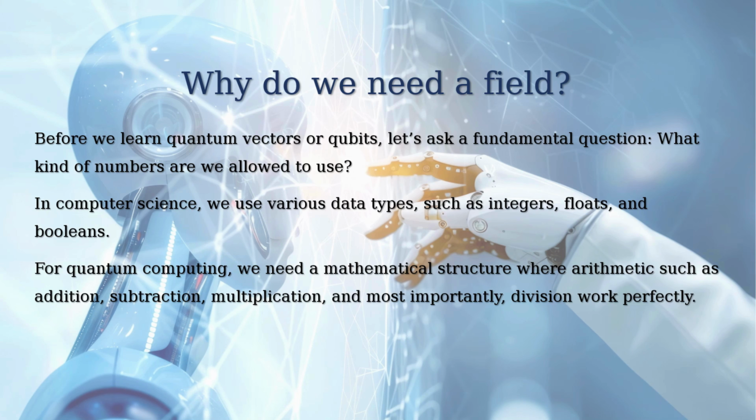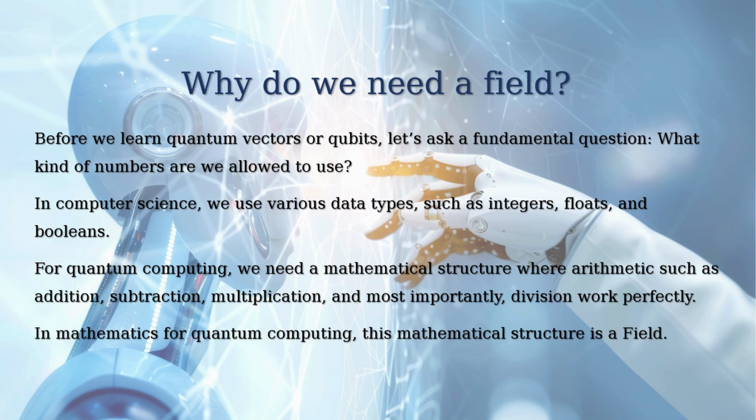For quantum computing, we need a mathematical structure where arithmetic such as addition, subtraction, multiplication, and most importantly, division work perfectly. In mathematics for quantum computing, this mathematical structure is a field.